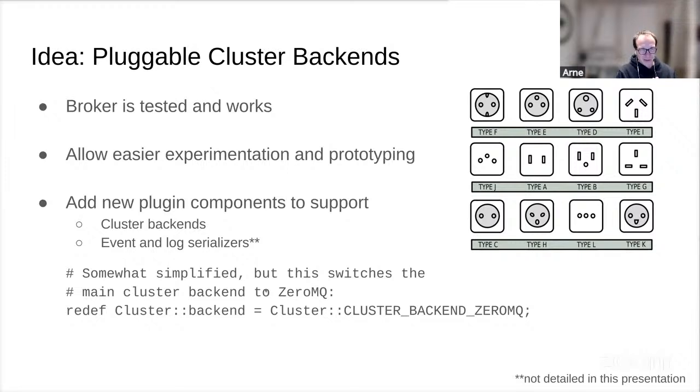That is simplified because there are still some connections set up and policy scripts that are specific to ZeroMQ, but these already exist for broker too. They were just in the base scripts.